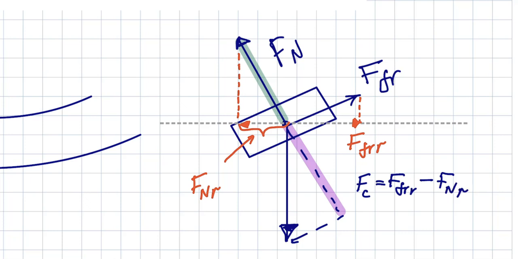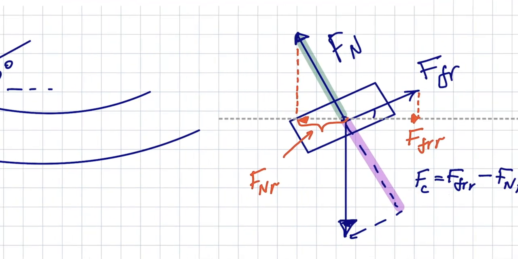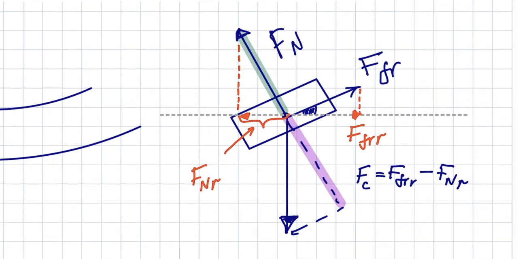Now how do we find those? You need to realize that if this right here is 20 degrees, then that one is 20 degrees. And then your friction radial is going to be force of friction times cosine of 20 degrees.